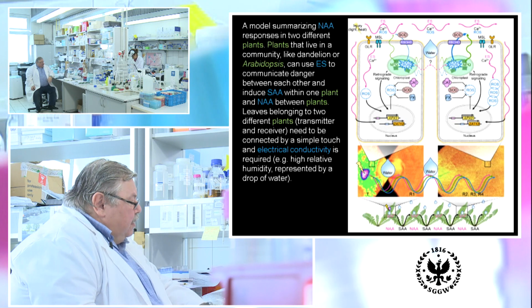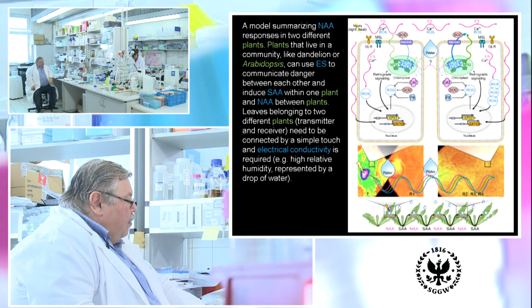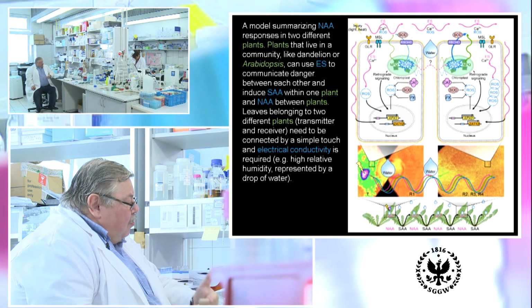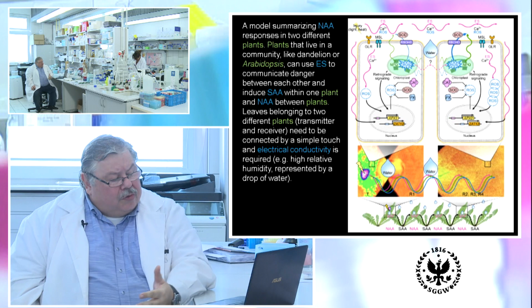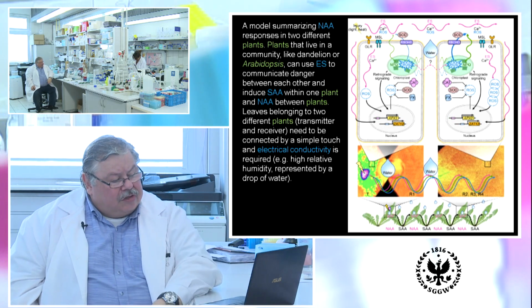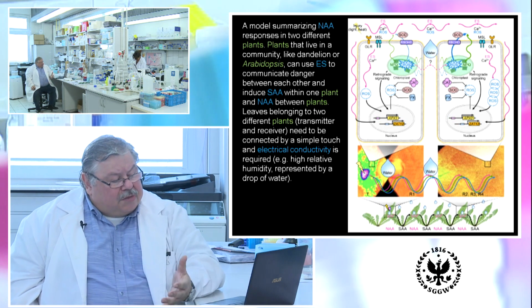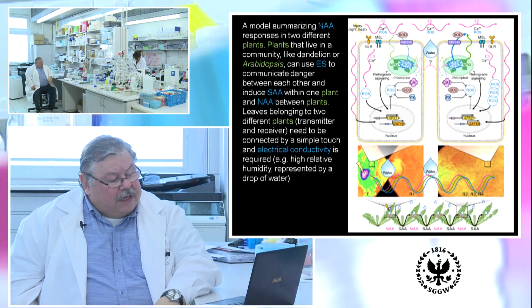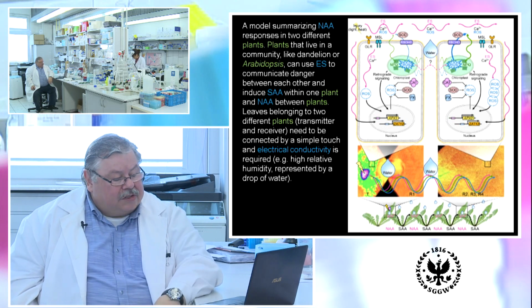And this we presented in a model summarizing network-acquired acclimation, and we can see that it is associated with electrical signaling, ROS signaling, NPQ changes, the regulation of superoxide dismutases and ROS scavenging, and of course the transcription activation of ascorbate peroxidase, ZAT12, and so on.